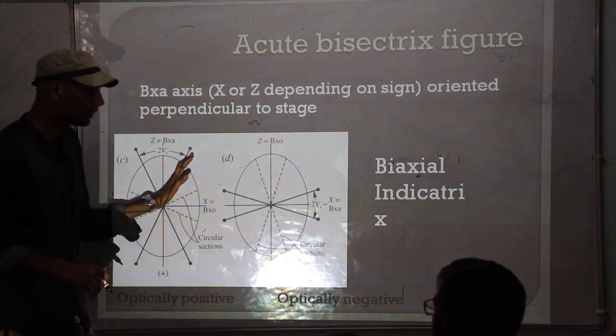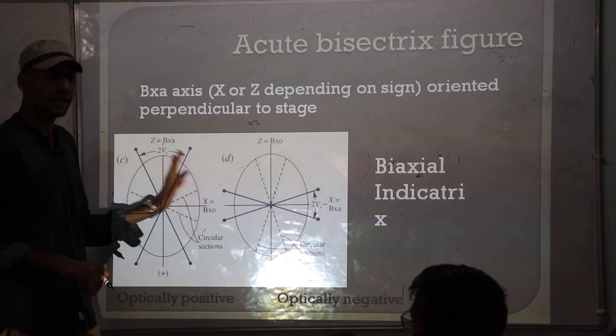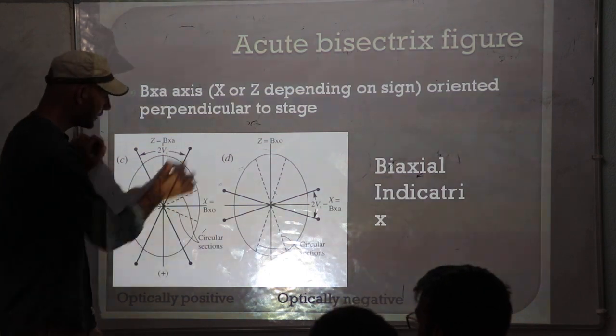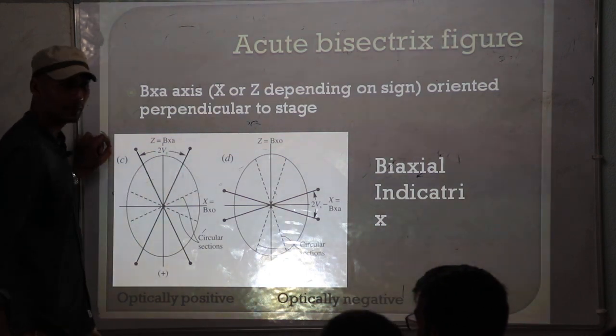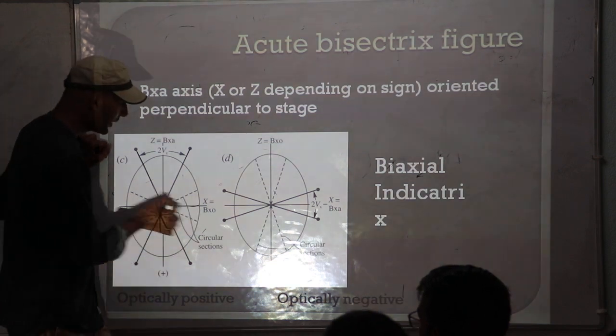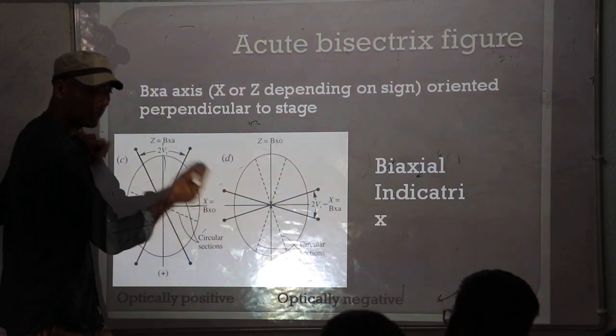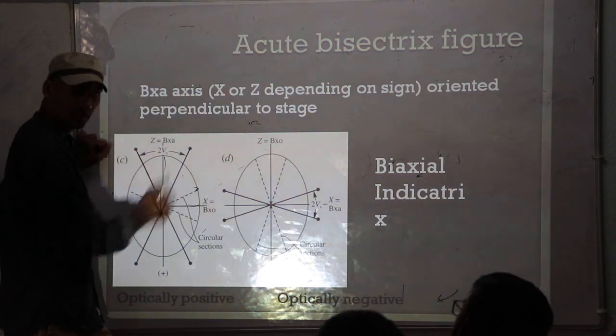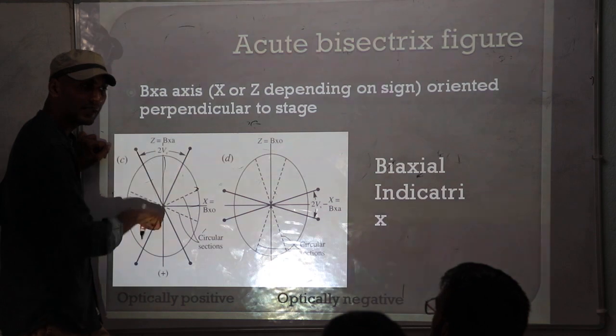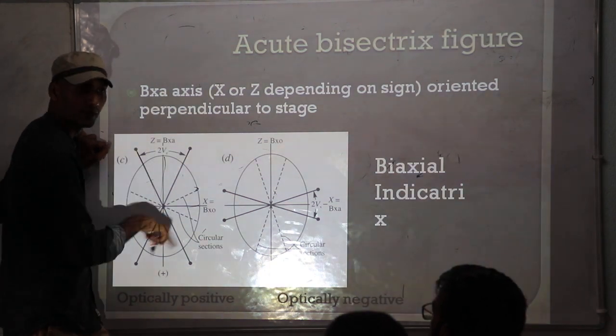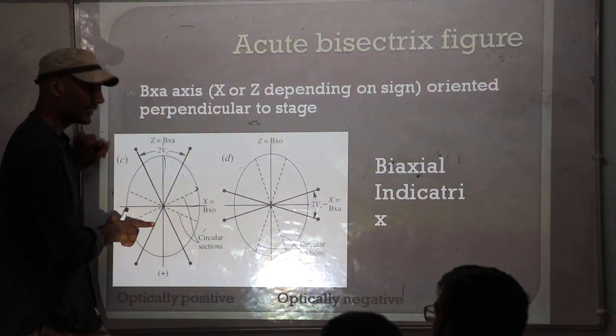And you can see both of the optic axes are present in XZ plane. Why? Because we are finding this is minimum, this is maximum, here there is intermediate, then we are giving the circular section, we are taking the perpendicular. So all of the things we are doing in XZ plane only.